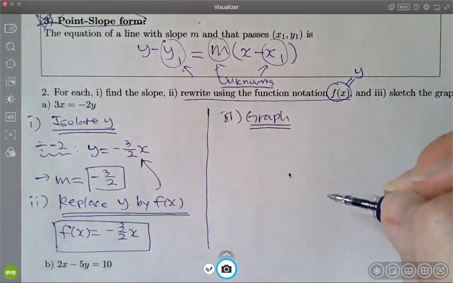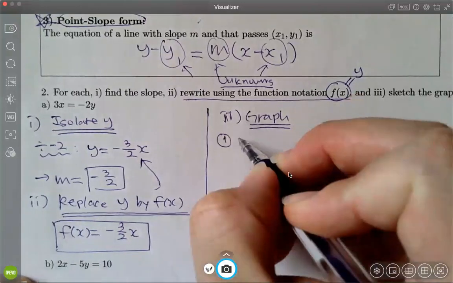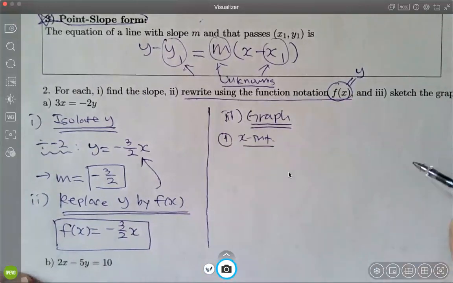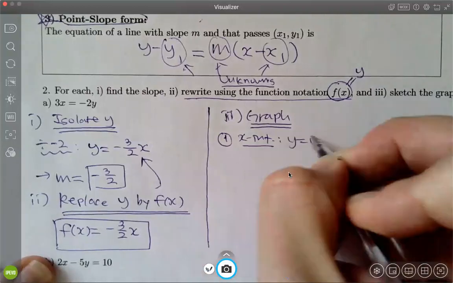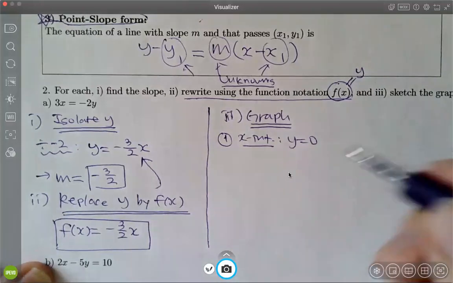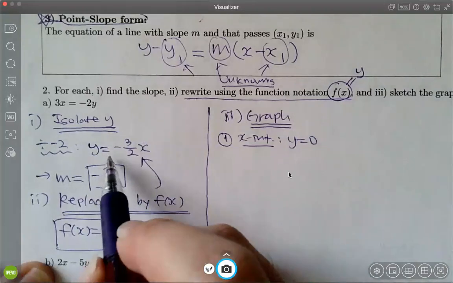Okay, so let's find the x-intercept. How do you find the x-intercept? Set y equal to 0, right? You can set y equal to 0 from this form or at the beginning, it doesn't matter.